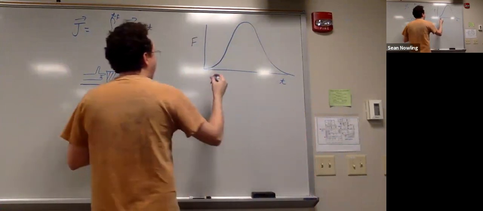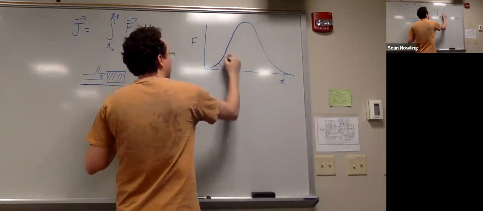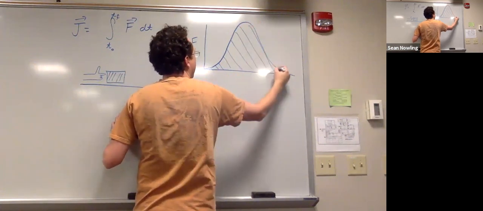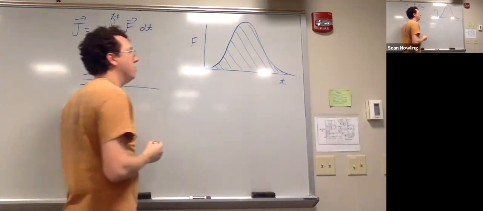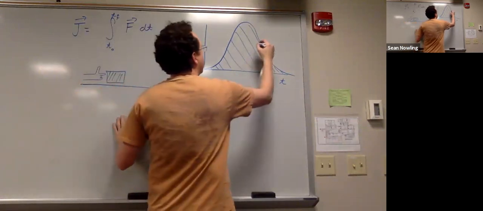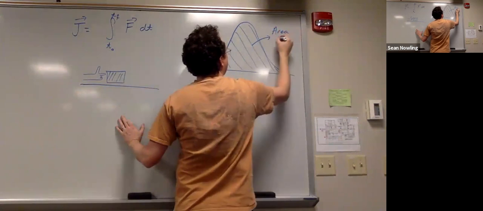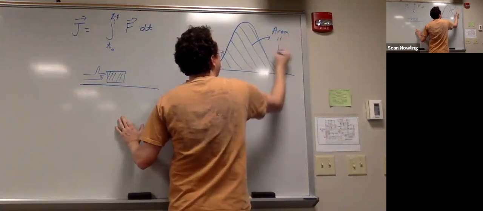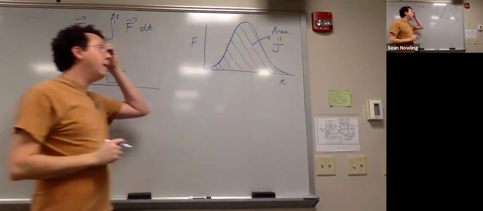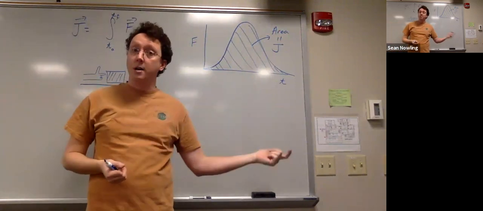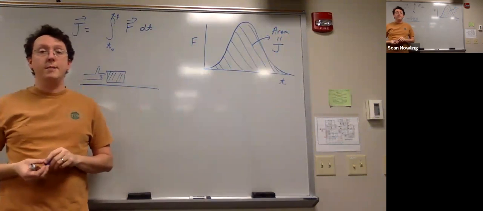So what we find here is if you were to shade in, not a position versus time graph, but a force versus time graph, you would learn that the area equals impulse. The area under a force versus time graph gives you the impulse.